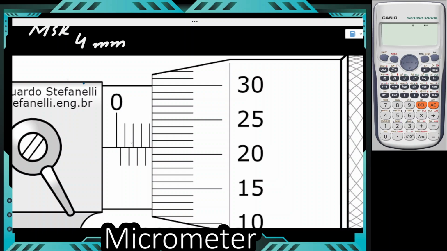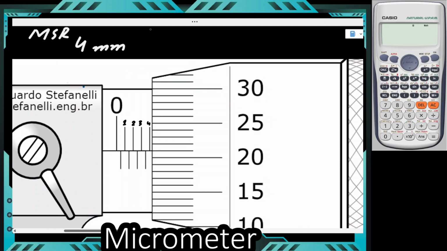This is what we get from the main scale. So once again, this one was 0, this is 1, this is 2, this is 3, this is 4, and the lower lines are 0.5. So 0, 0.5, 1, 1.5, and this way. So that was the first step. We had the reading 4 millimeters from the main scale.